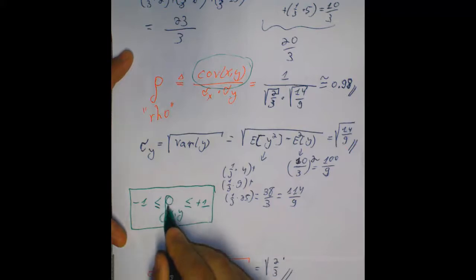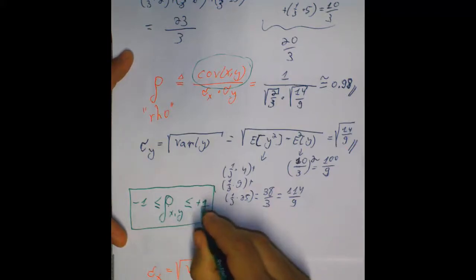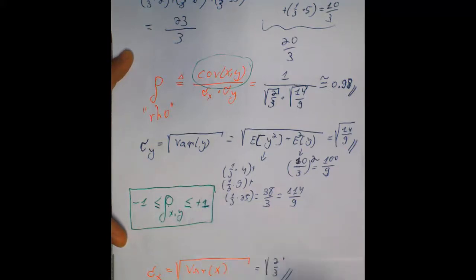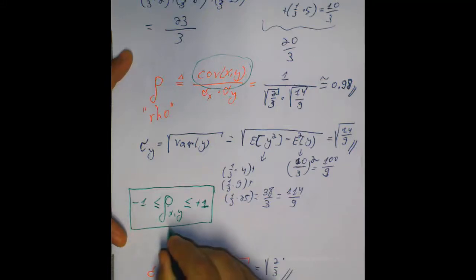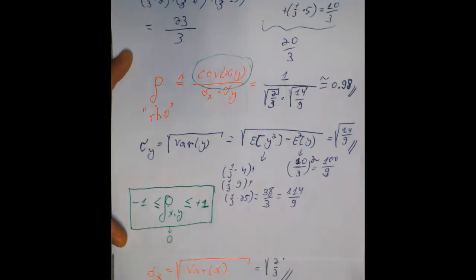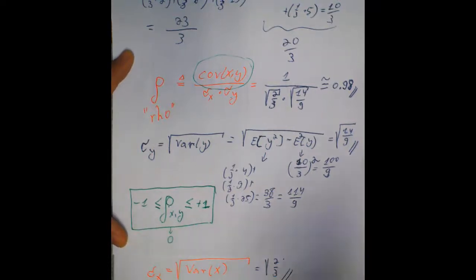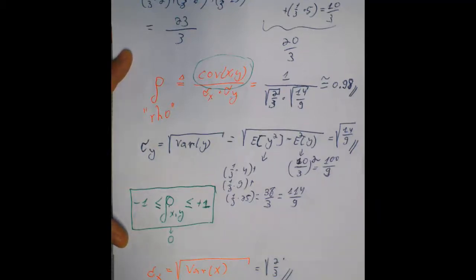When rho is equal to +1, we call this a perfect positive correlation. When rho is equal to -1, we call this a perfect negative correlation. When rho is exactly equal to 0, exactly in the middle, between -1 and +1, we say that there is no correlation between x and y. X and y are random to each other.